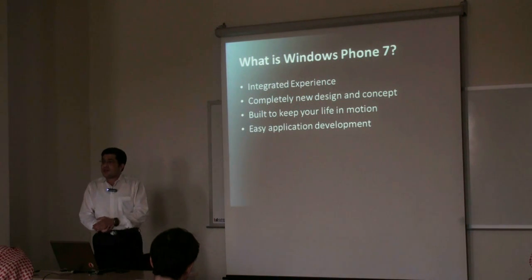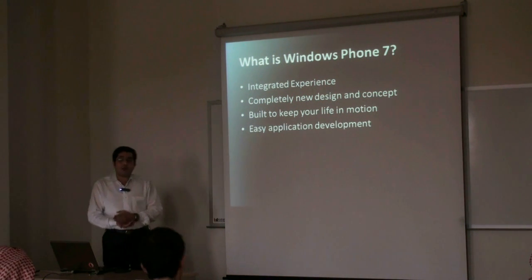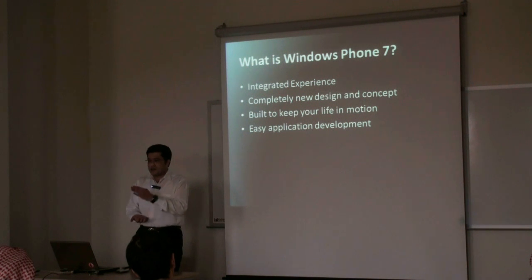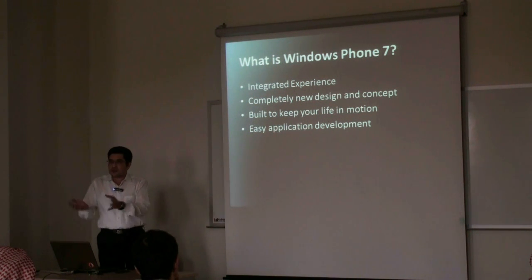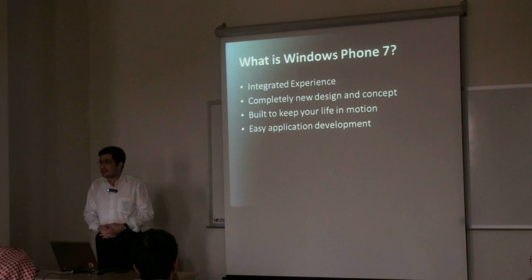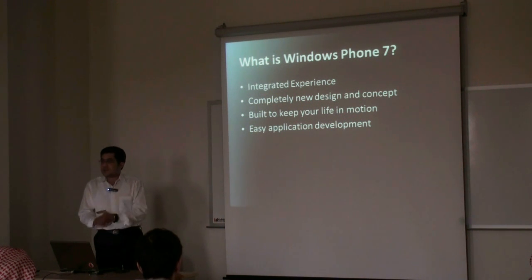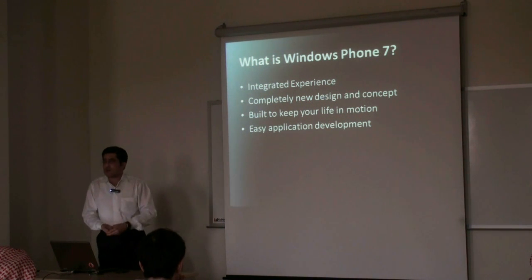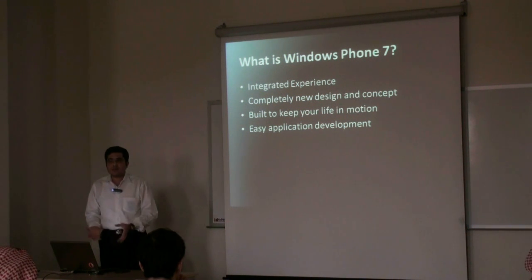Also, for the Windows Phone 7 series, you can easily develop applications. It's as easy as developing applications for the desktop, or as easy as developing ASP.NET web applications. It's very simple.